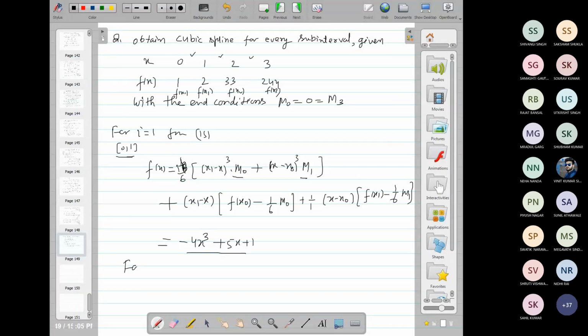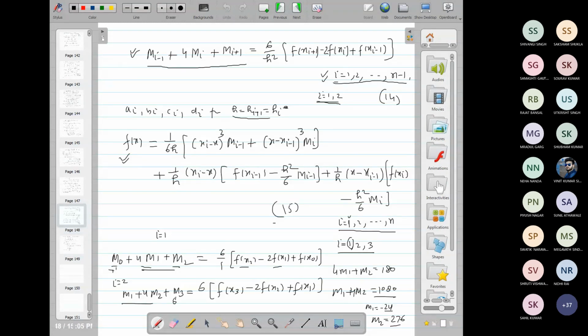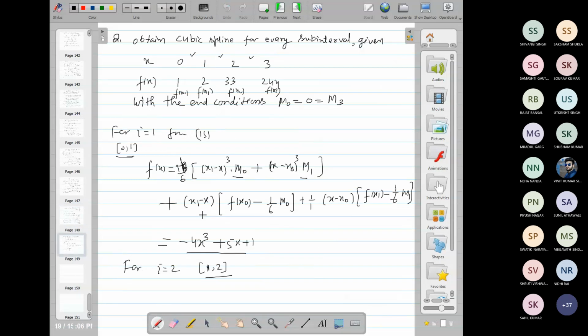So this is the cubic spline curve for the first subinterval. Similarly, for i equal to 2, that is for the interval 1 and 2, substitute the value of i equal to 2 in equations 14 and 15. Again we obtain two equations in m, and by solving 14 and substituting in 15, we obtain the required cubic spline curve for the second interval.